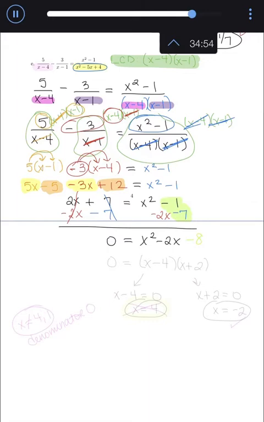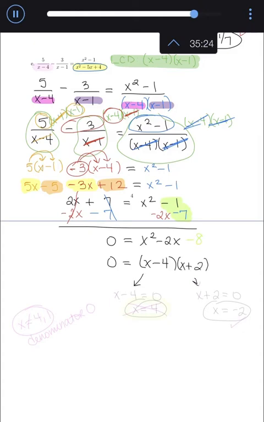Now the question is, I've got a quadratic equation here that now equals 0. Does it factor? So you'd be asking what two factors of negative 8 add up to negative 2? Well, that indeed does factor. The two factors are negative 4 and positive 2. So that would be x minus 4 and x plus 2.